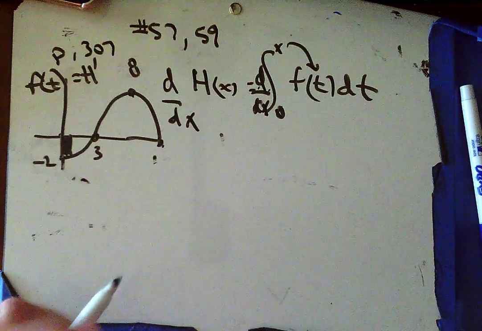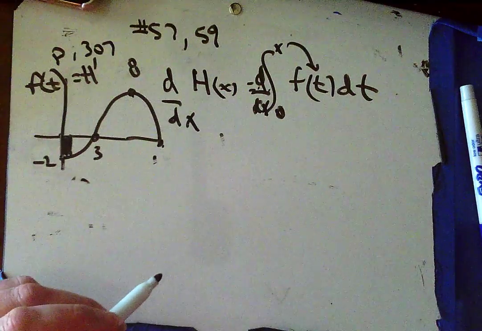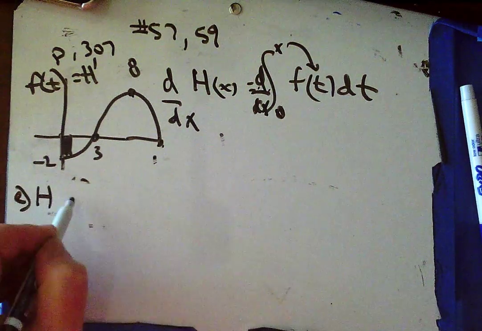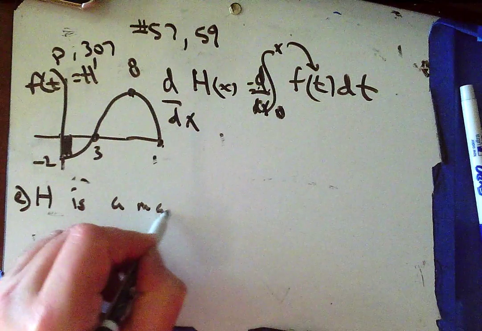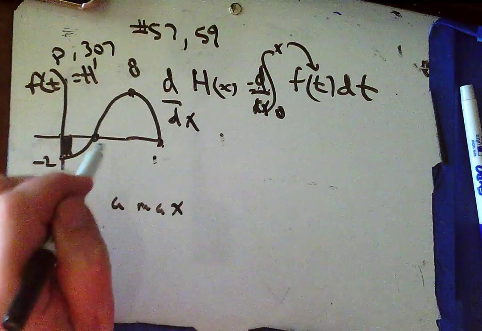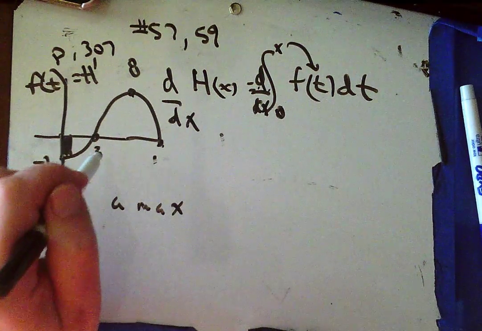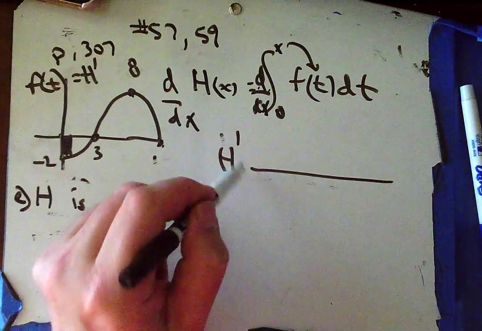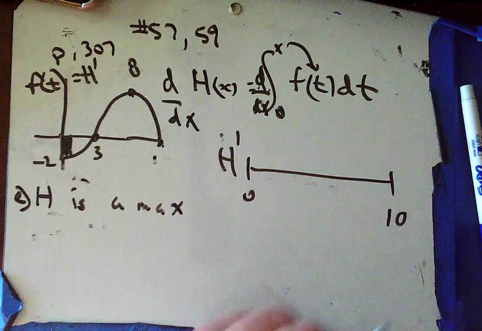With that one, E. Where does h have its maximum value? We want to know where h is a max. This is not a graph of h. This is a graph of h prime. So let's look at our h prime sign chart. We start at 0, we end at 10.